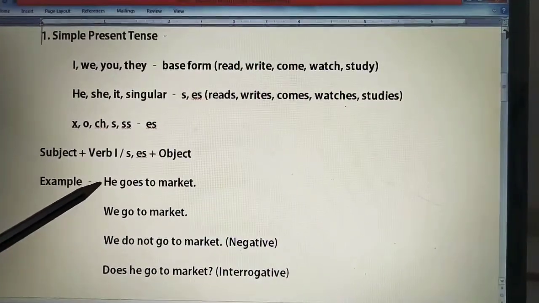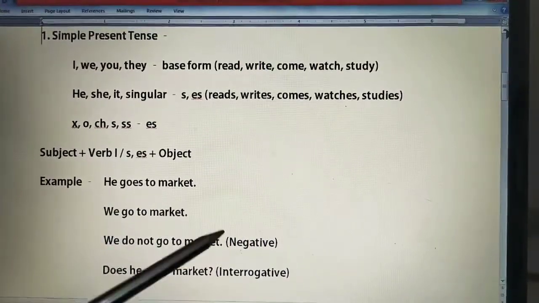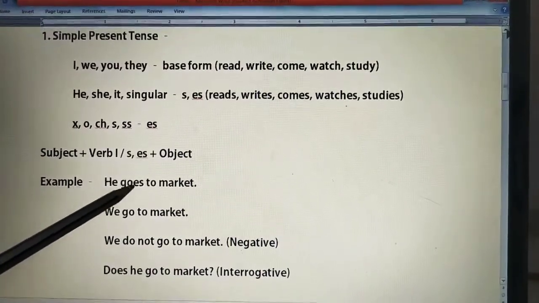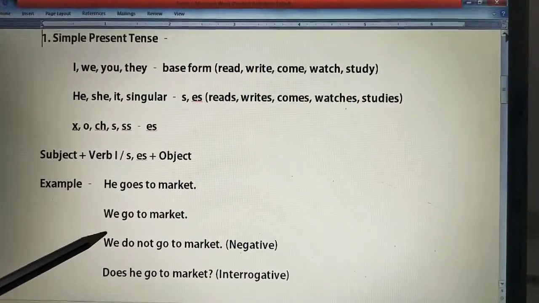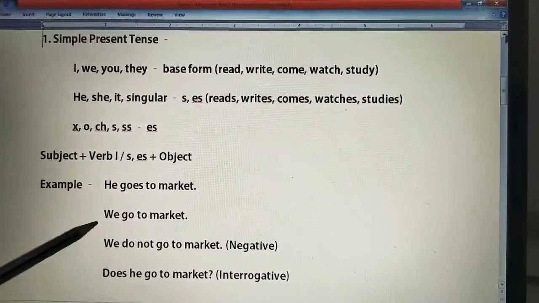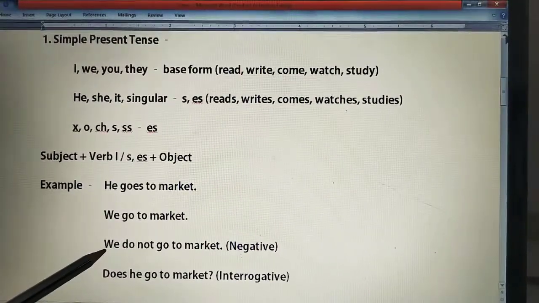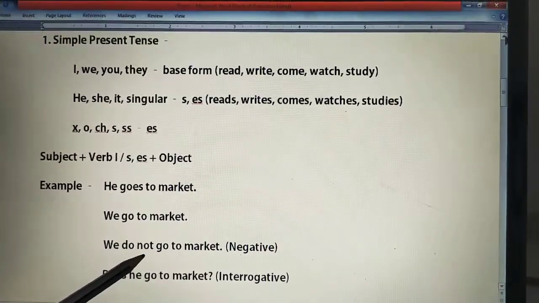For example, he goes to market. If we convert this sentence into negative, it becomes: he does not go to market. Another example: we do not go to market. Since we is not a third person singular subject, that's why we have used do not.